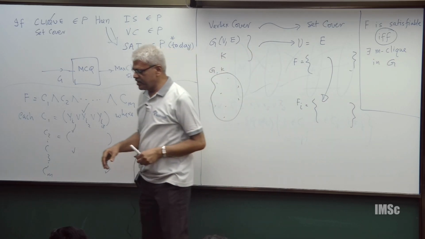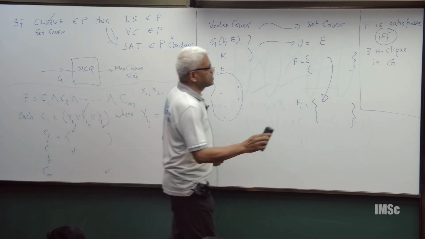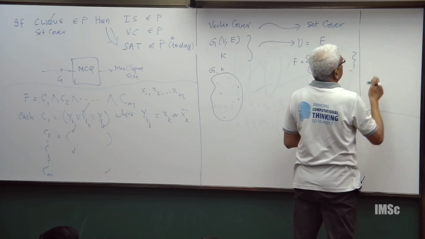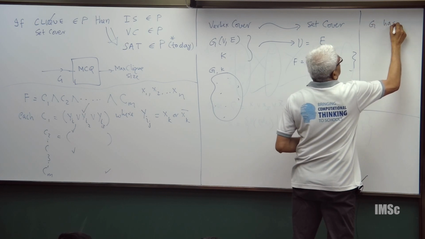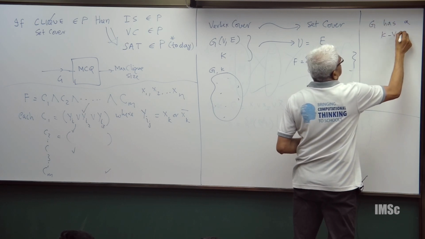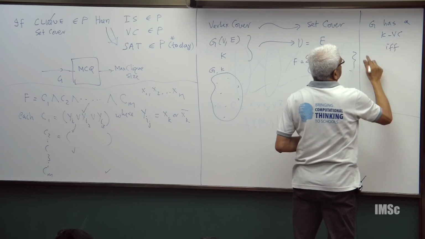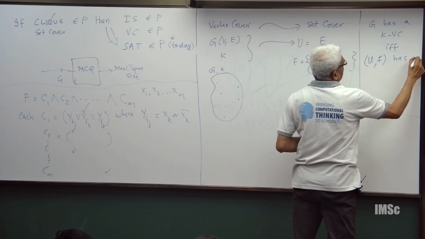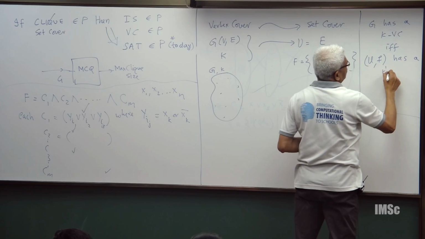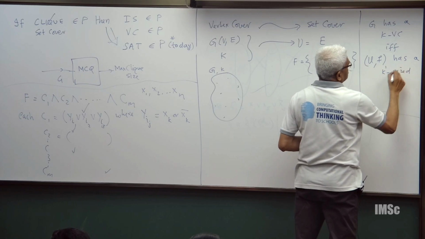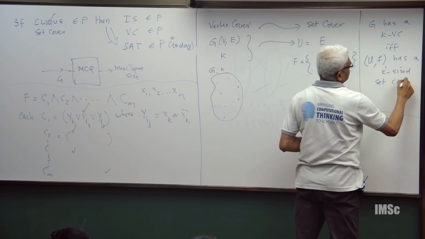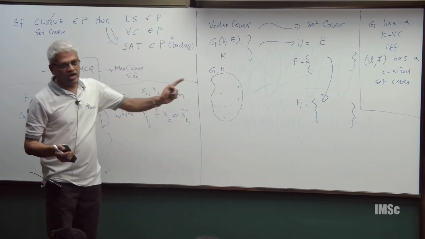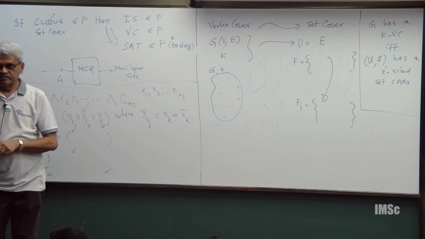Here the similar kind of a goal, what I want is that G has a k sized vertex cover if and only if this U comma F has k, or k prime, I do not know, sized set cover. So, I want this kind of a correspondence between the graph and the family I am constructing, right.